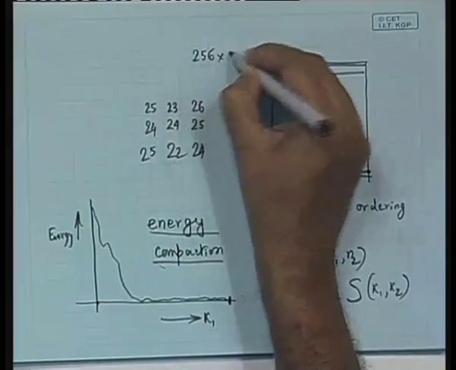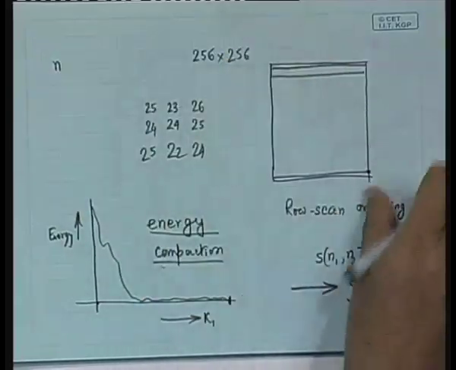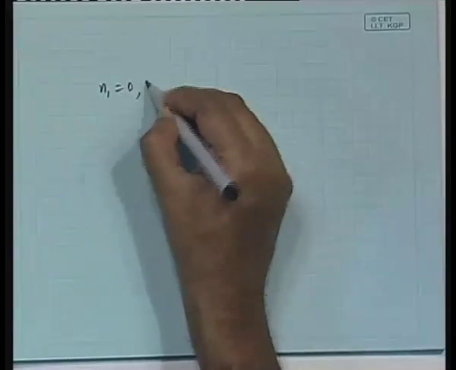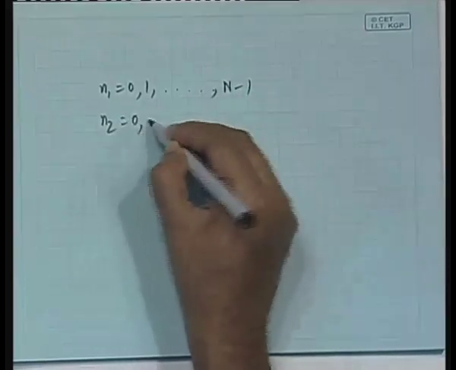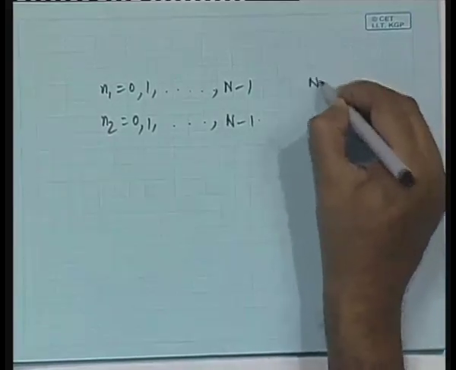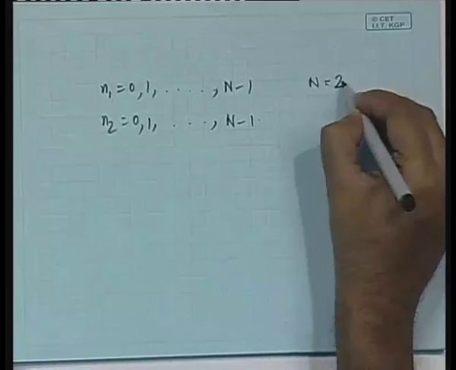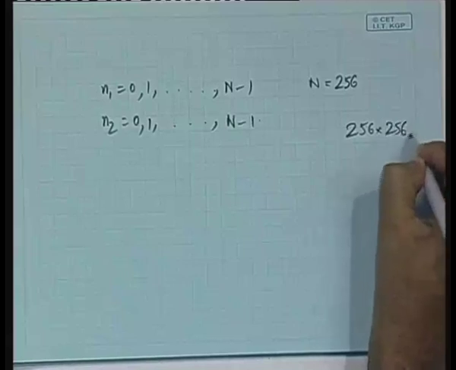Let us say that the image size is say 256 by 256 pixels, okay. So, to represent the image that way, we have n1 as 0, 1 up to n minus 1 and n2 as 0, 1 up to n minus 1, okay. And in this case we have used n is equal to 256. So, that is why we are saying that the array is 256 by 256.